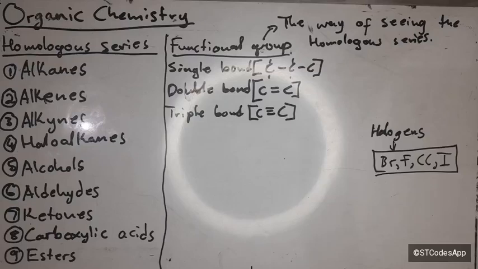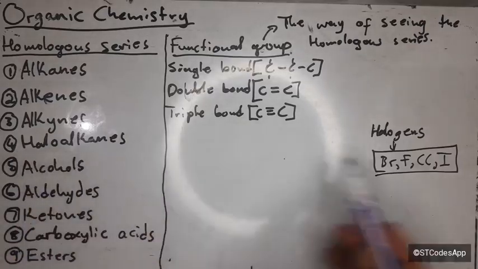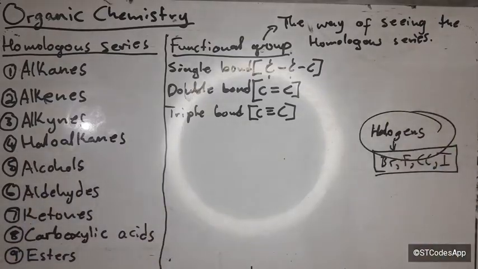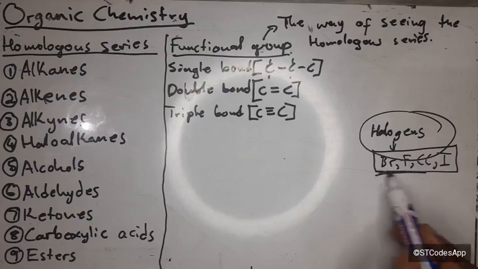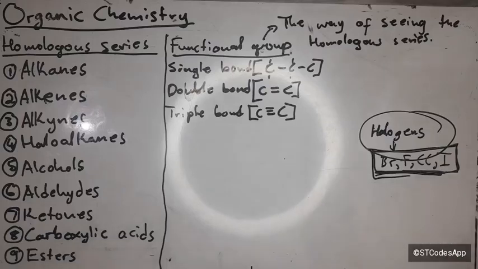Back to haloalkanes. The word halo came from the word halogens. It's an alkane, but one that consists of halogens. So this doesn't have a specific functional group, but the way of seeing it is by seeing one of these things, or two of them, or whatever.